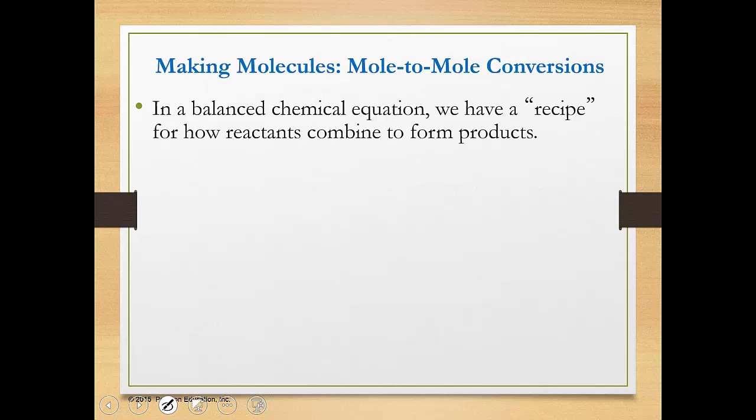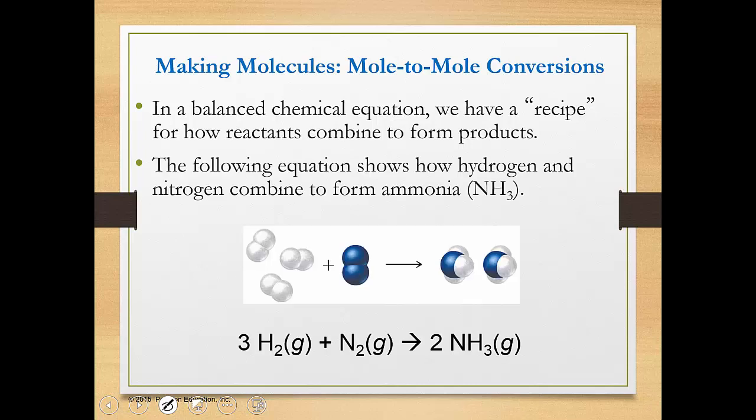All right, it's the same thing when I look at mole-to-mole conversions within a balanced chemical equation. So the balanced chemical equation is my recipe for how I'm going to mix everything together and make my final product.